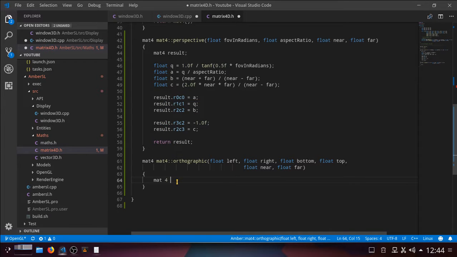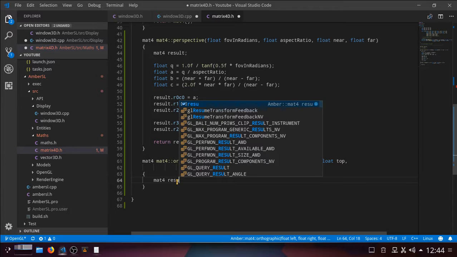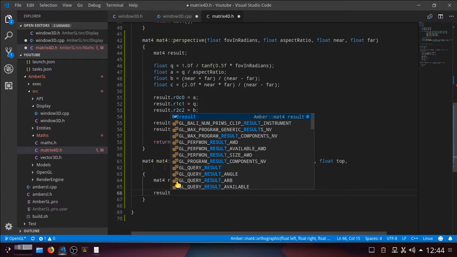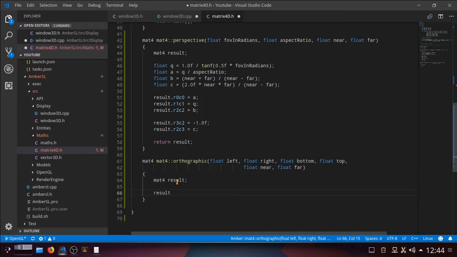mat4 result again. Use the same technique again. mat4 result. And this is going to be orthographic. Oh, I can do this straight off, can't I? That's not too bad then. Result R0C0.